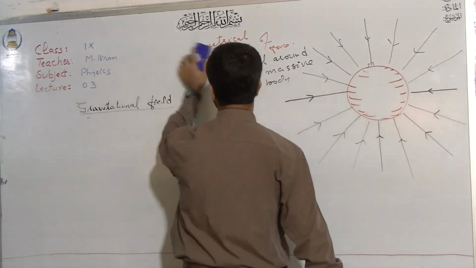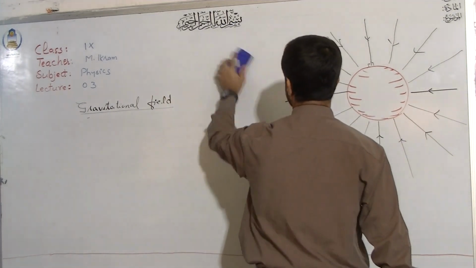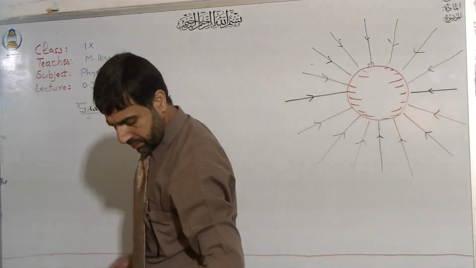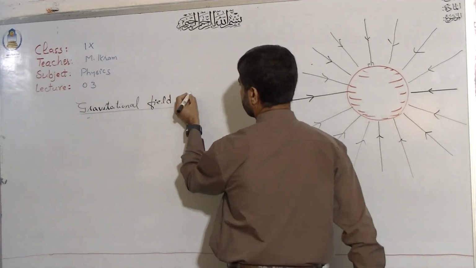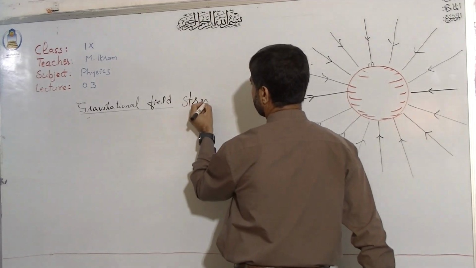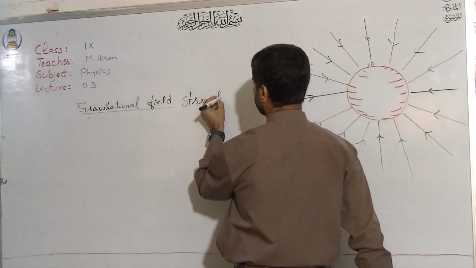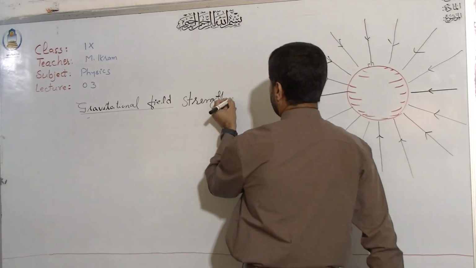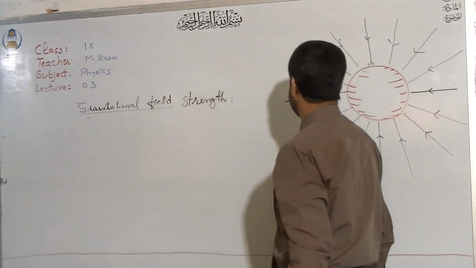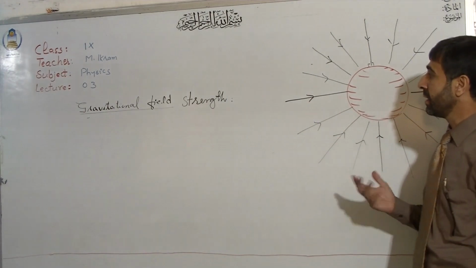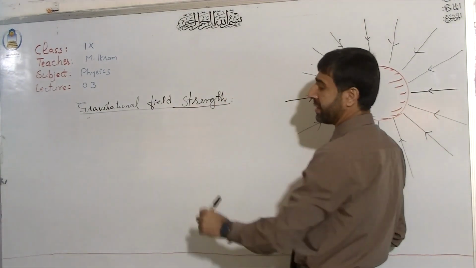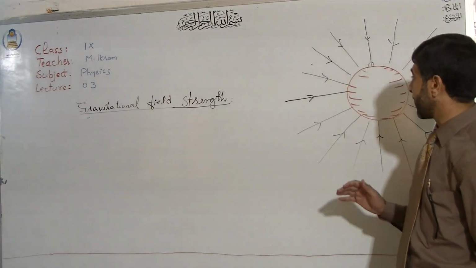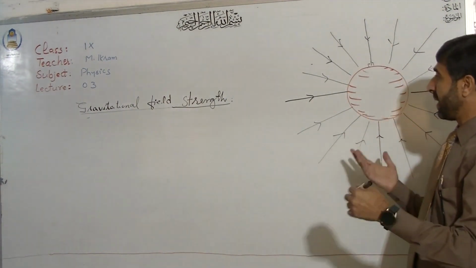This is also important. Now, what is the gravitational field strength? How will we know the gravitational field strength of an object or of a mass of body?